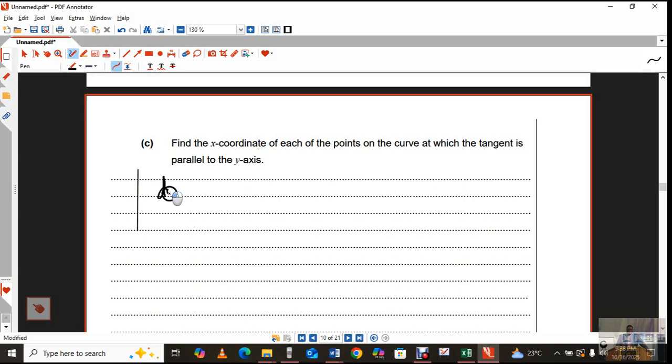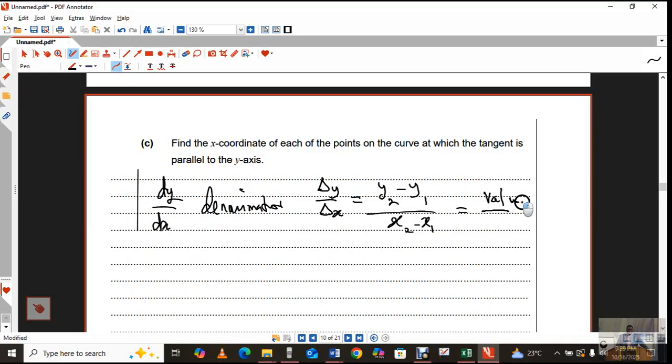So when you have dy dx, or when you are doing the gradient, you're going to take the numerator, is it? Not the numerator, but the denominator. You're going to take the denominator, because from your work on delta y over delta x, the only condition when you are working with gradients is if you have some value here and here you have 0.